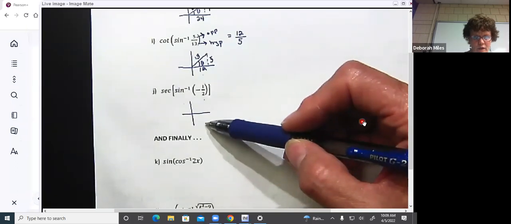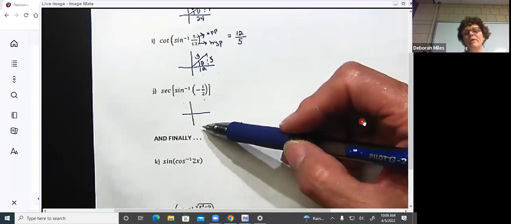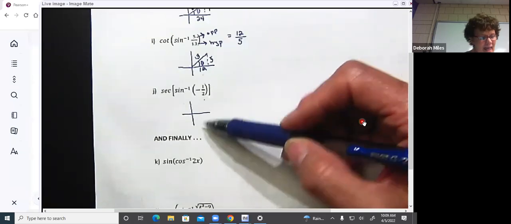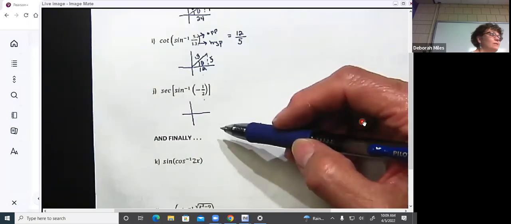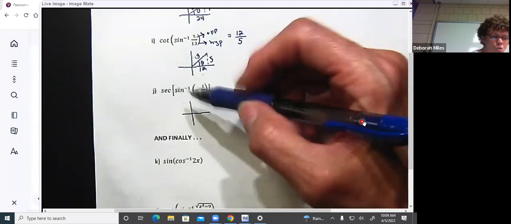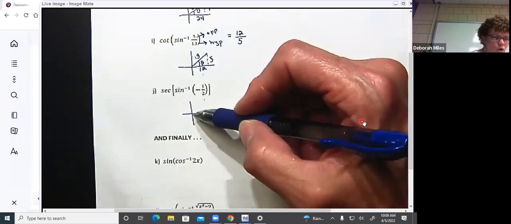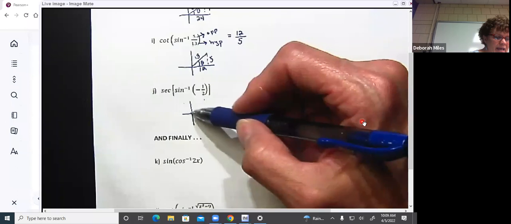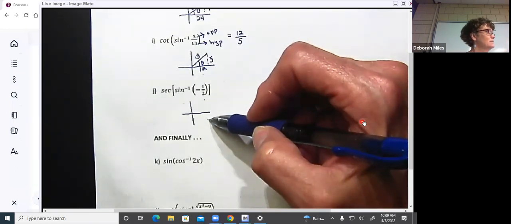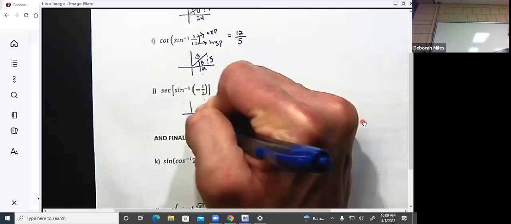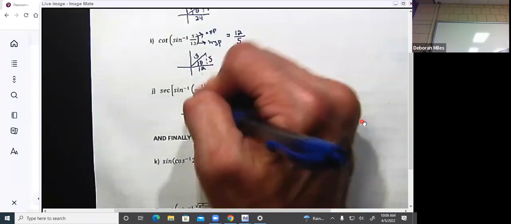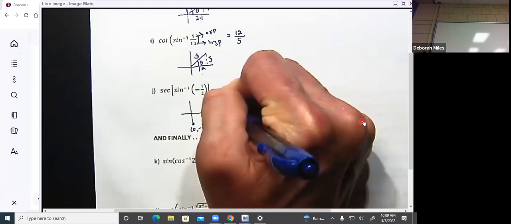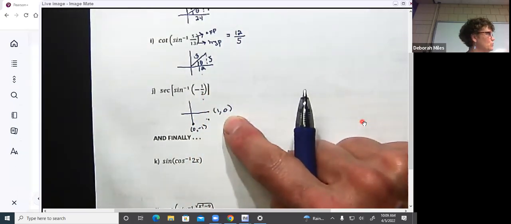With the angle whose sine is -1/2, is sine x or y? It's your y coordinate. Would y be -1/2 close to the y axis or close to the x axis? Close to the x axis. Close to the y axis, your y is almost -1. Close to the x axis, your y is closer to 0.